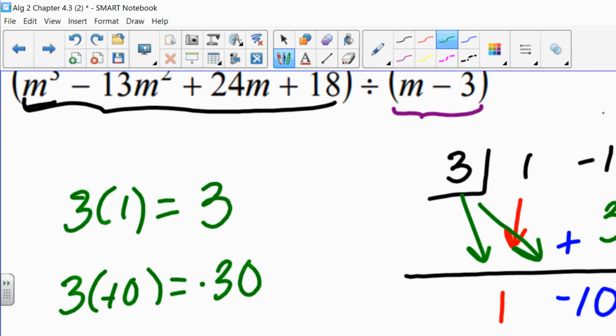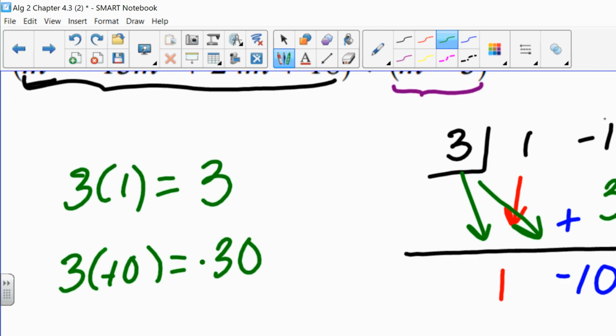And what would we do next? 3 and our negative 6, we'd multiply those together, so 3 times negative 6 is negative 18. And we would add: 18 plus negative 18 is 0.